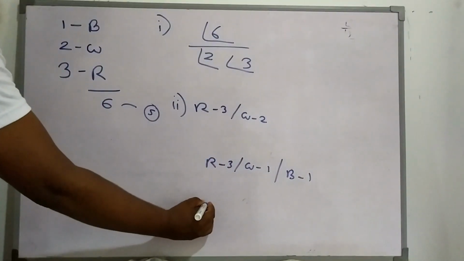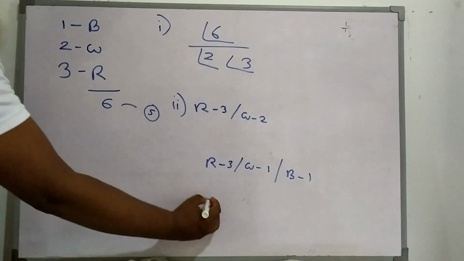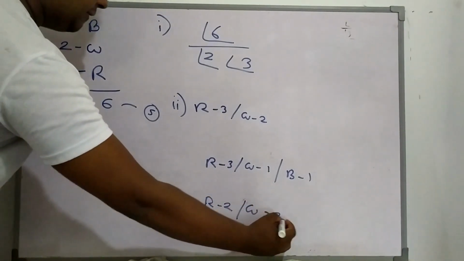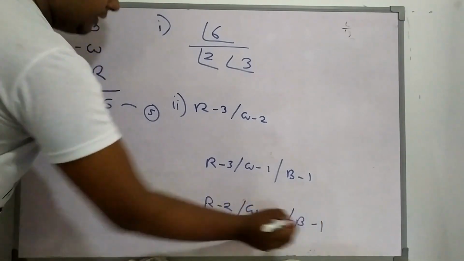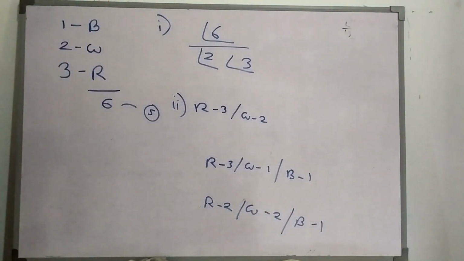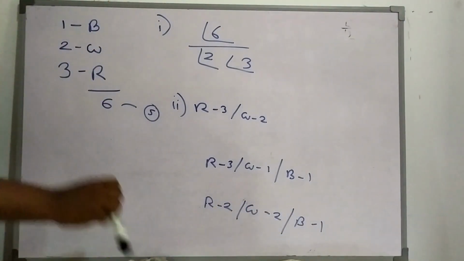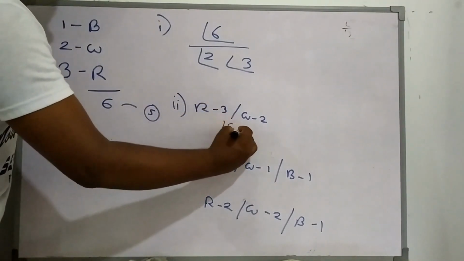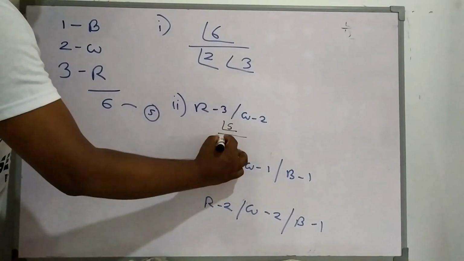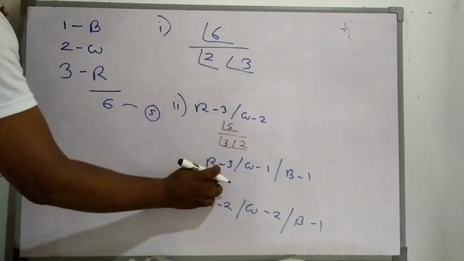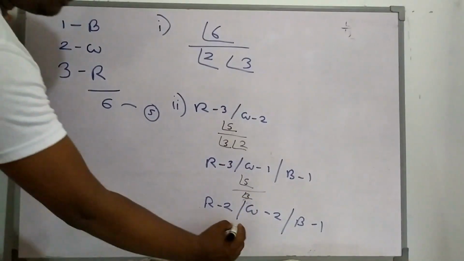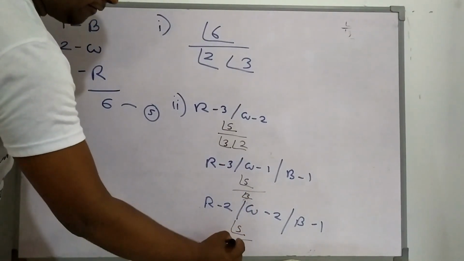And the other way is removing red, leaving red 2, white 2 and blue 1, right? So actually this is the only way of removing one by one, right? So the first one is 5 factorial divided by 2 and 3. The next one is 5 factorial divided by 3 and 1. The next one is 5 factorial divided by 2, again 2.